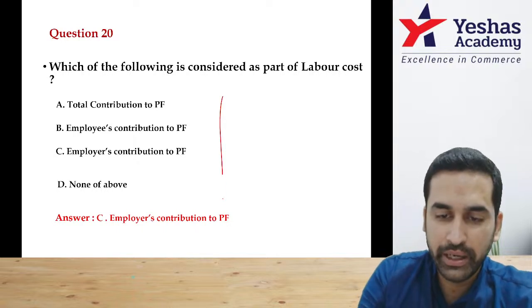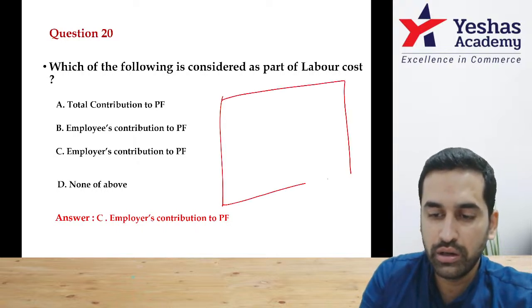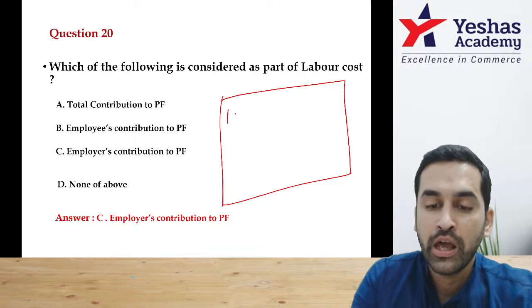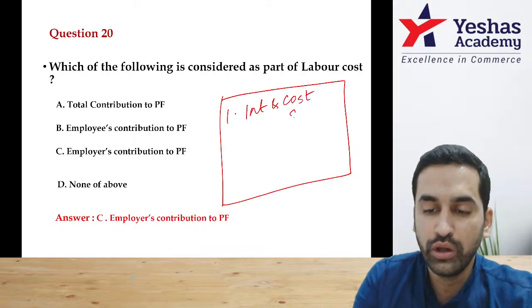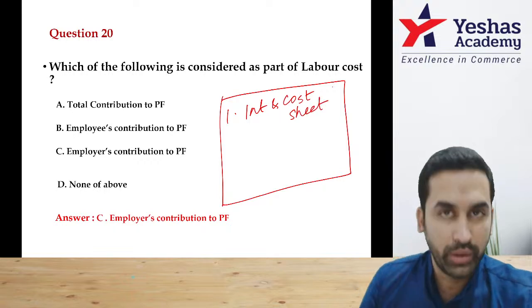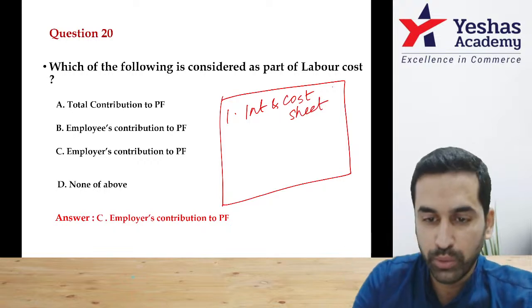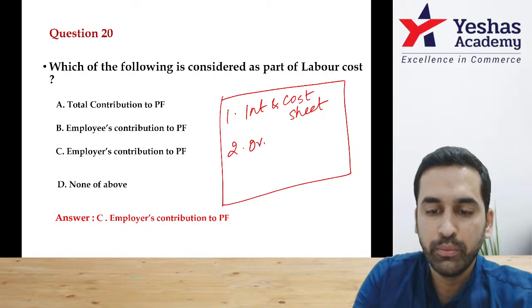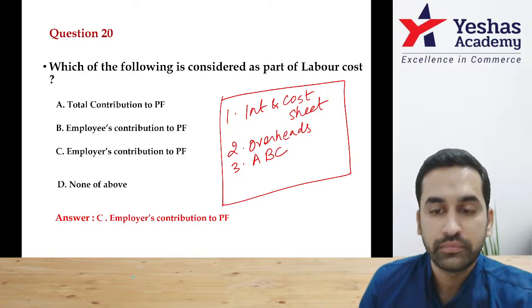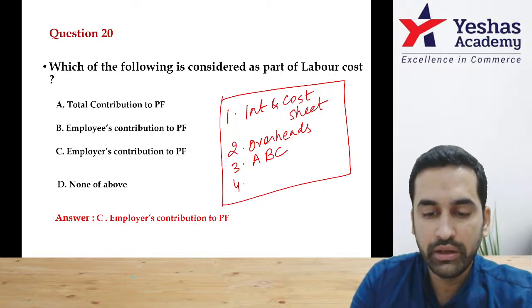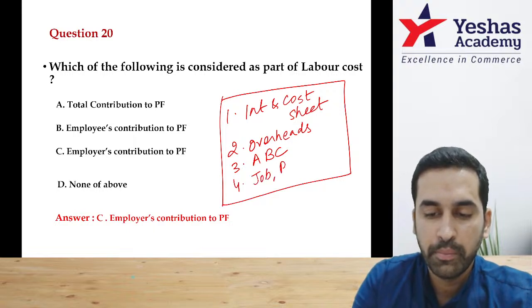So here is my tomorrow's plan. I'm writing in a small box here. First, the introduction and cost sheet. We did not do full. We did only one part today. I'll be doing the second part tomorrow. After that, we will be moving on to overheads. I will then be doing activity based costing. After that, I will be taking up small topics: job costing, batch costing, and service costing.